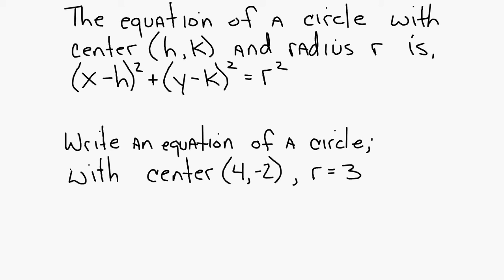So when you're writing the equation of a circle with the center at (4, -2) and the radius equal to 3, here's what it's going to look like.